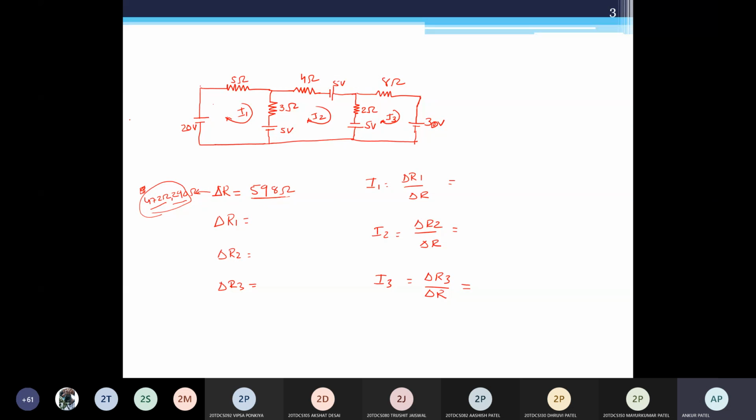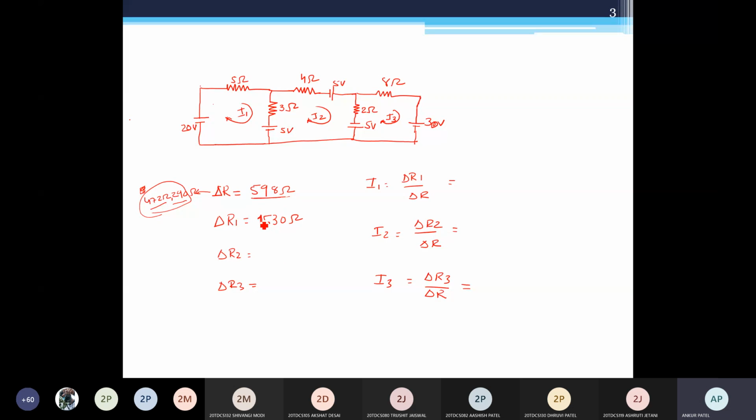Tell me delta R1. 1530 ohm. Okay, are you getting this, everyone?